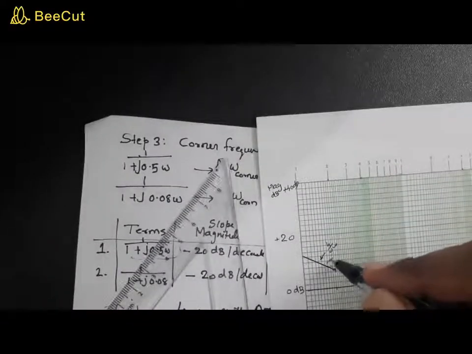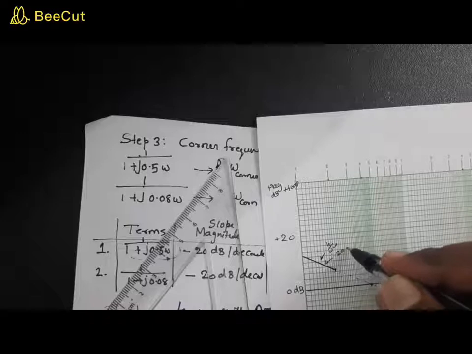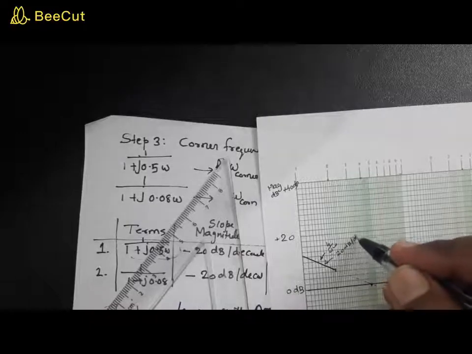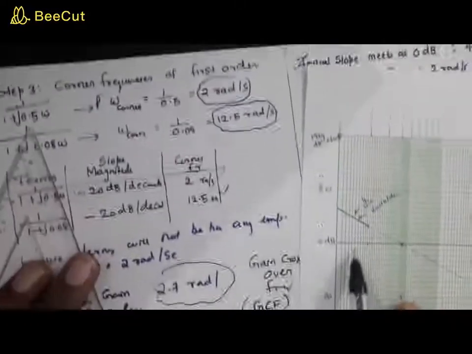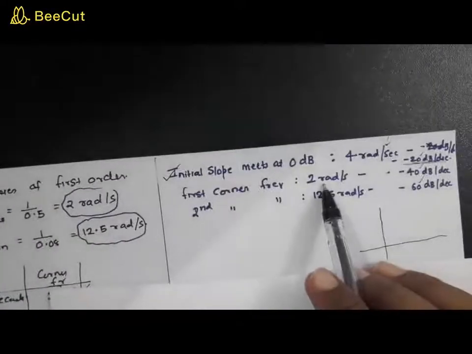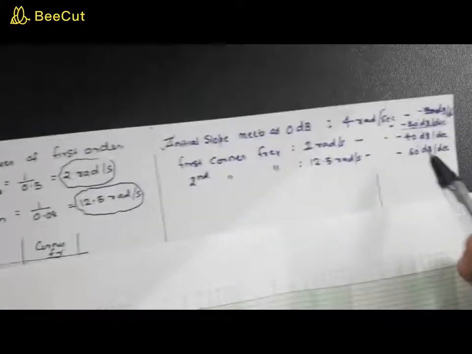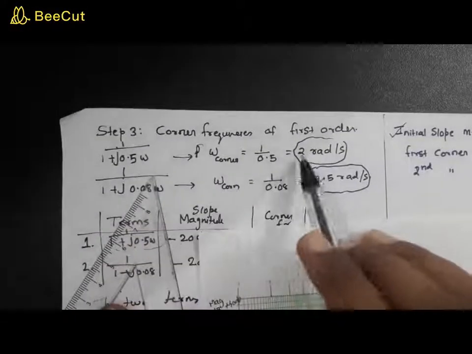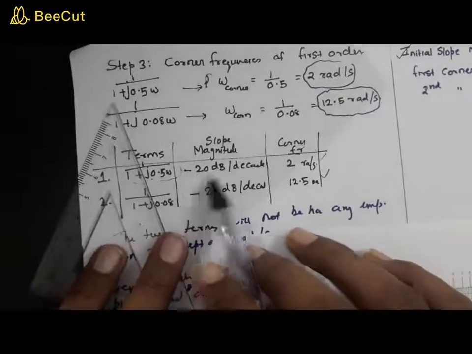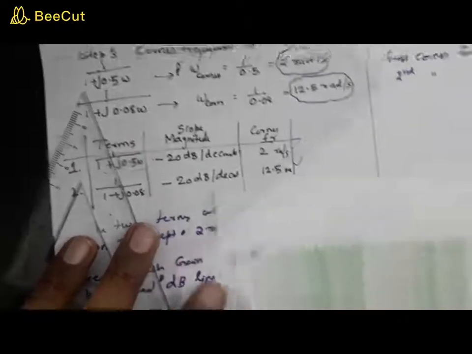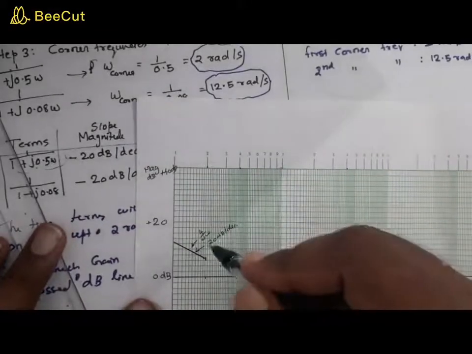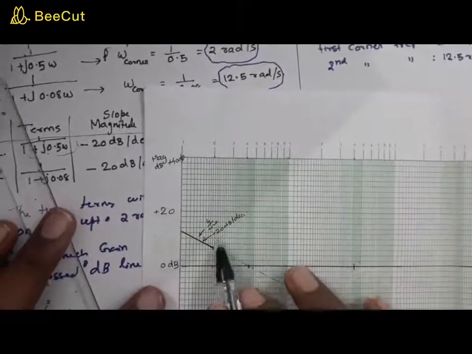Already this graph has a 20 dB per decade fall. At 2 radians per second, it encounters this term, which gives a slope of minus 20 dB per decade, in addition to the already existing minus 20 dB per decade fall.